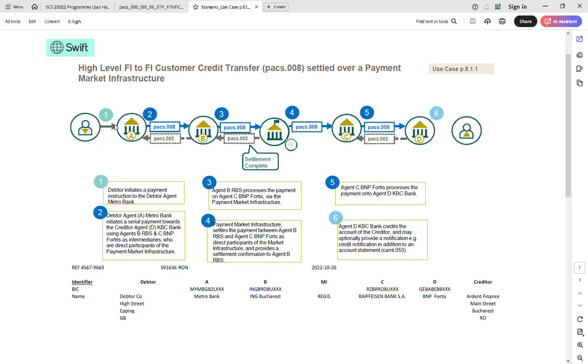So when you use HVPS, we are going to see it as clearing. It should be clearing here. When we are using it between two banks with a market infrastructure, the payment method should be clearing here.